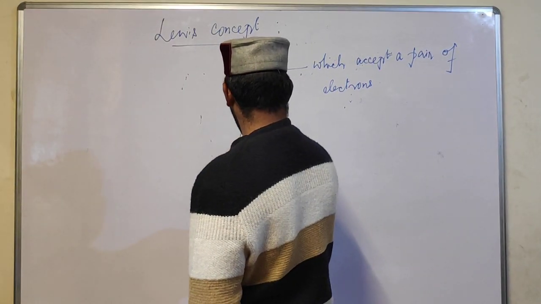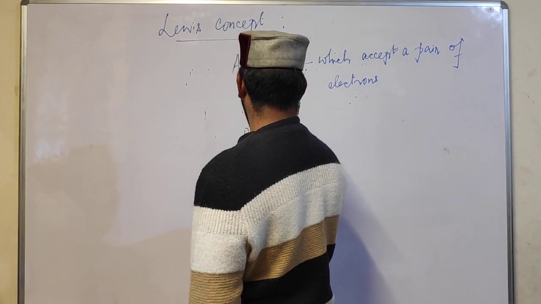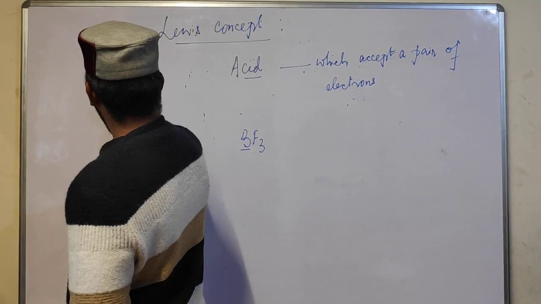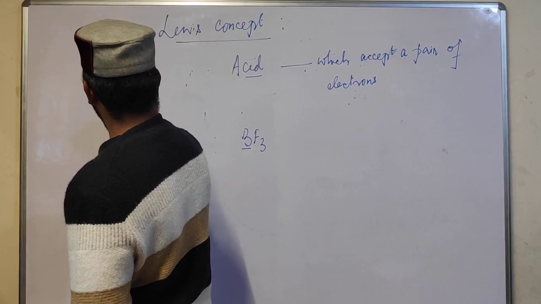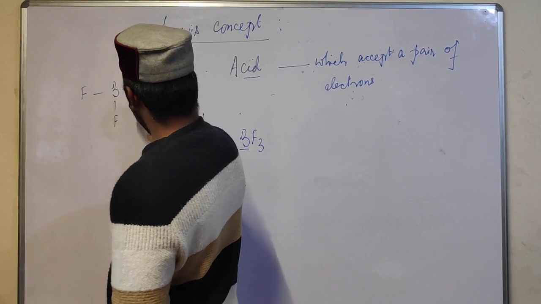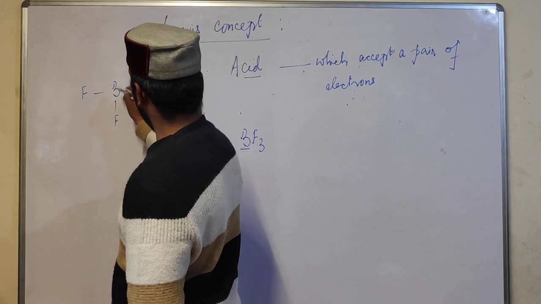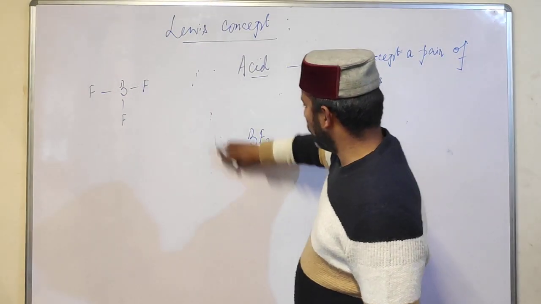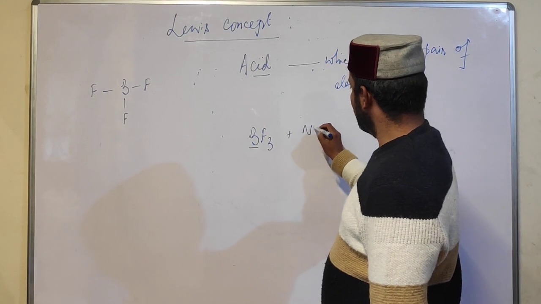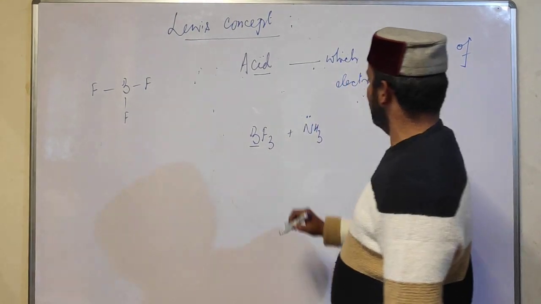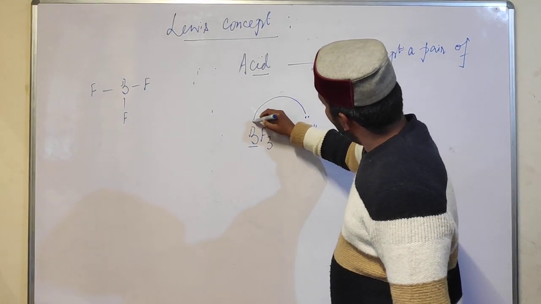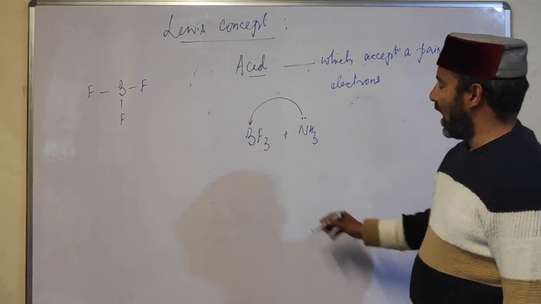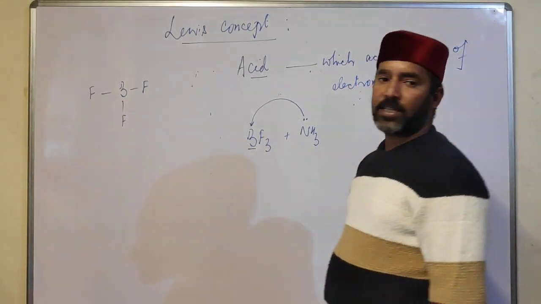Now I'm giving you an example. I have boron trifluoride, and students, in boron trifluoride, look, Lewis dot structure of boron trifluoride is this. Now you see, boron has only 6 electrons around it. That means boron does not have a complete octet. So therefore boron is electron deficient. Now whereas we know that in ammonia nitrogen has a lone pair. So here ammonia is capable of donating its electron pair on nitrogen, and boron trifluoride can accept.